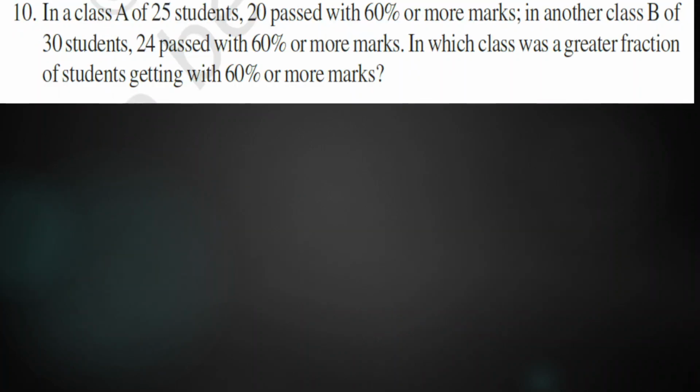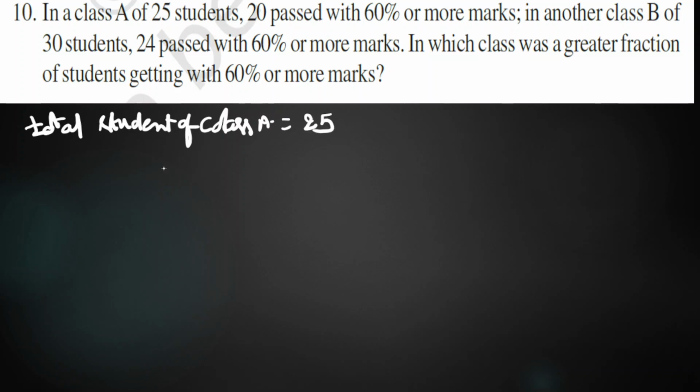And in class A of 25 students, 20 passed with 60% or more marks. Here the total students of class A equal 25 students, and the number of students who passed equals 20.